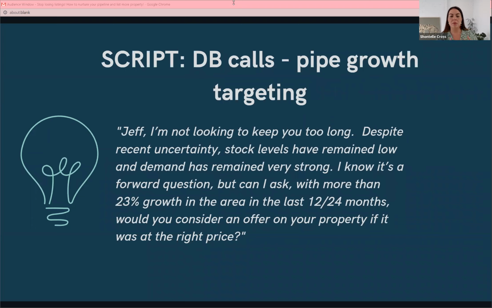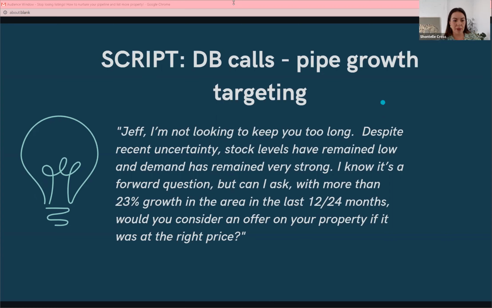If we're just calling them, trying to push them to come to market, they're going to get fed up with that quite quickly. But having this in the rotation and asking the question every now and then, there's nothing wrong with that. And you will identify a lot of pipeline from that communication as well. It'll give you short, medium, or longer term sellers, because when we ask the question, they're going to give us some information about their circumstances and what they're thinking of doing. So let's have a look at it.